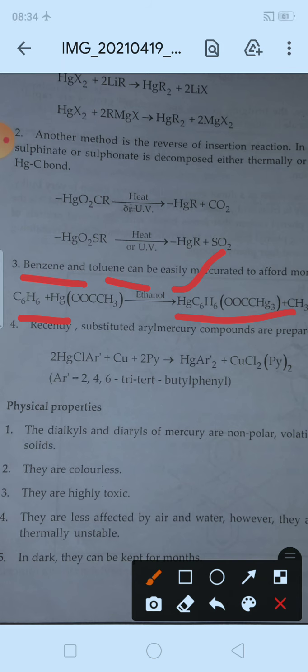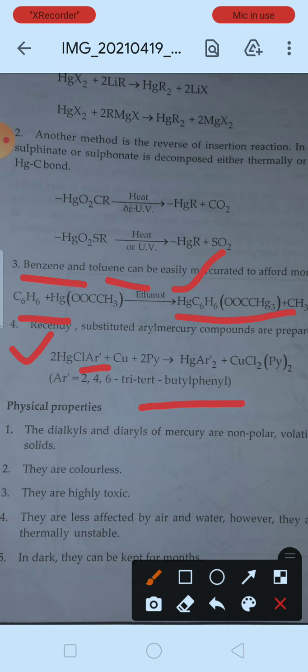Similarly, the last reaction is the simple substituted aryl mercury compound. Aryl mercury compound means, as I told you, aryl is nothing but phenyl or benzyl compounds, cyclic compounds. Here Ar is standing for this, and Ar dash is standing for 2,4,6-tri-tertiary-butylphenyl.